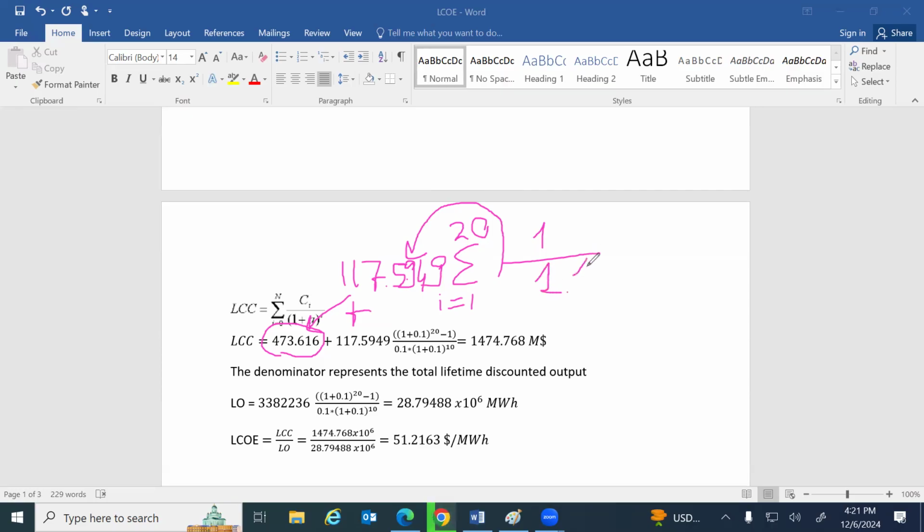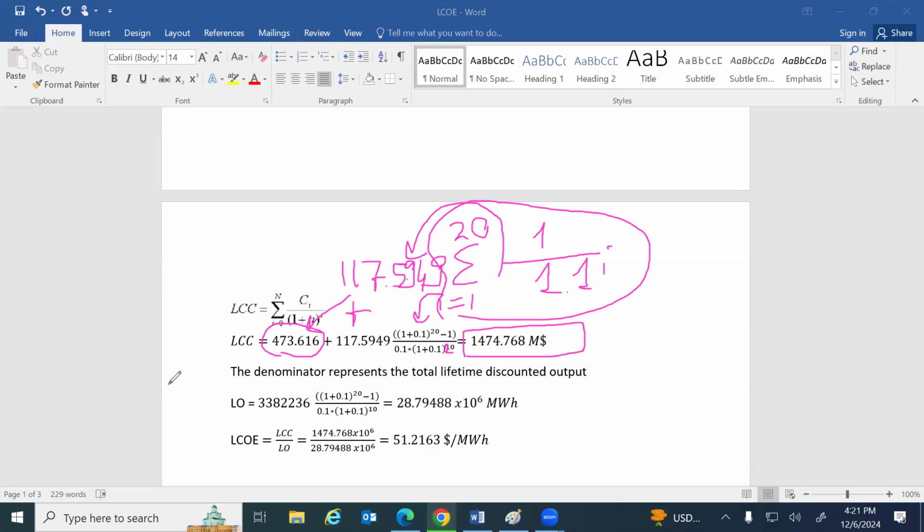And since this is a geometric series of known expansion, we can just replace it by 1.1 to the power 20 minus 1 over 0.1 times 1.1 to the power 20. And we get then the life cycle cost.